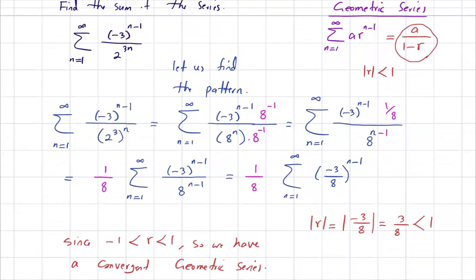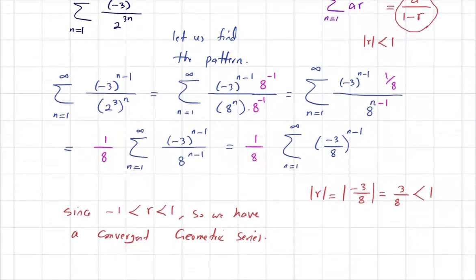You can list some of the terms as well. If you plug in 1, you get 1 over 8 times (-3/8)^0, which is 1. So your very first term, if you factor out 1 over 8, is going to be 1.